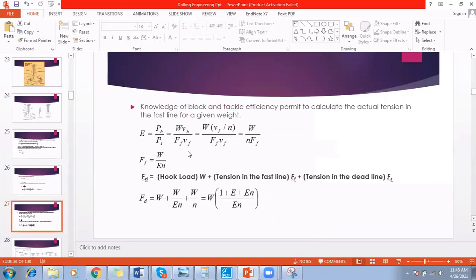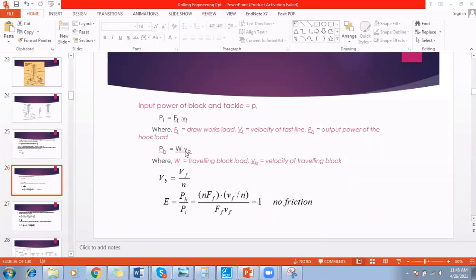So when you take the product of the traveling block load with the velocity of the traveling block, you will get the output power. After getting the output and input power, you can simply take the ratio of these two powers, and eventually you will get the efficiency of the block and tackle.